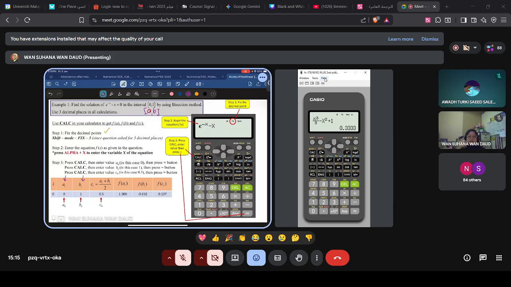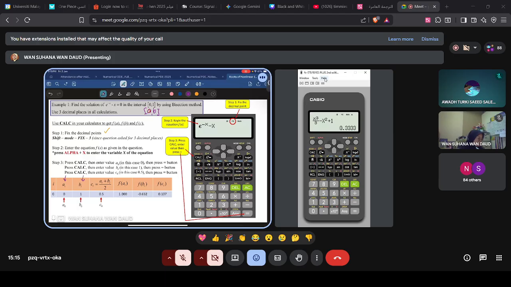For example, you get 0.34678 and we want 2 decimal places. Some students are not sure how to round the value. By using this app, you fix the decimal point, so you don't have to round. The calculator will do it for you.